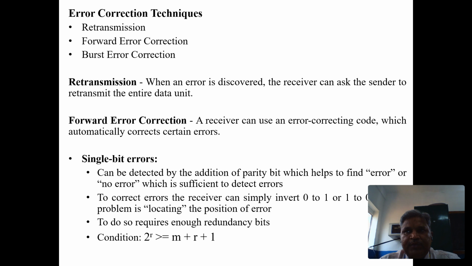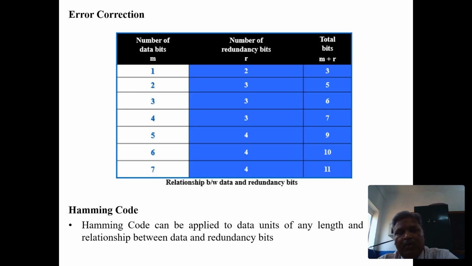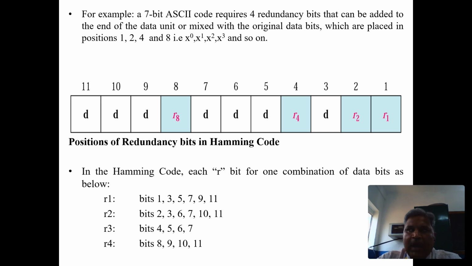So we carry out the trial and error concept by substituting different values for the variable r. Whichever value of r satisfies the condition is considered as the number of redundant bits. Okay. So once the r value is found, for example, imagine we have found r equal to 4.